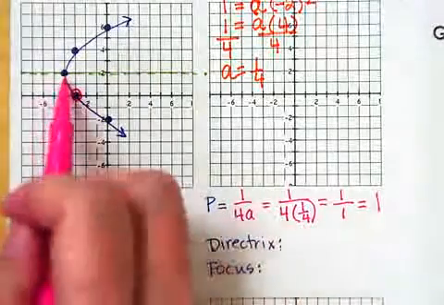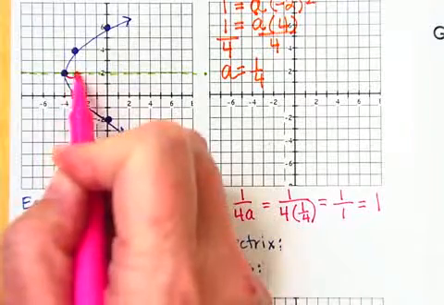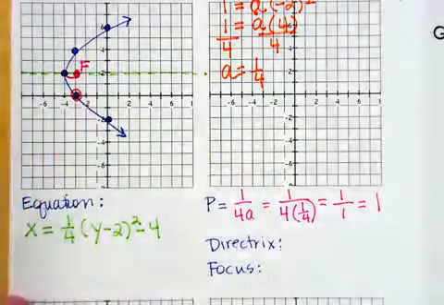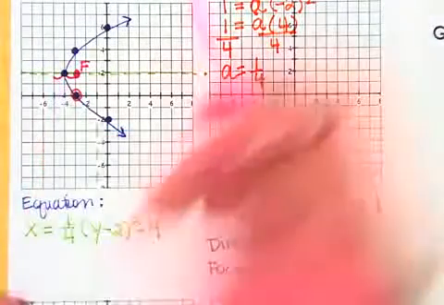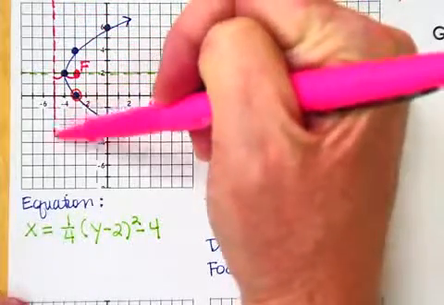So I'm going to come over here, and I'm going to count 1 unit inside, and that's going to give me my focal point, the focus. And then I'm going to count 1 unit outside, and that's going to give me the directrix.